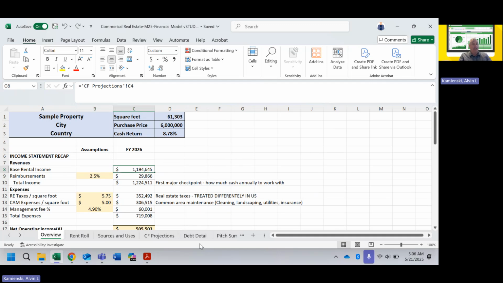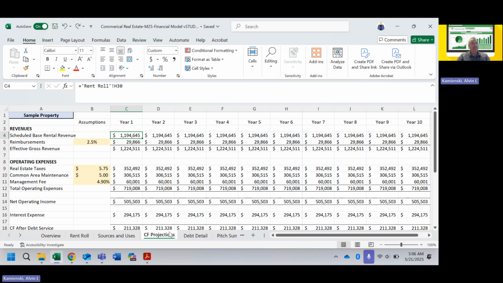If I take a look at where that number comes from, you see it's coming from equals cash flow projections C4. So if I go over to cash flow projections C4, I go, oh, look, the scheduled base rental revenue is indeed that 1.19 million number.